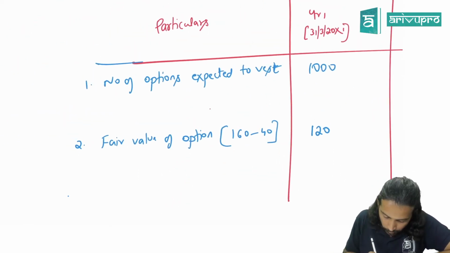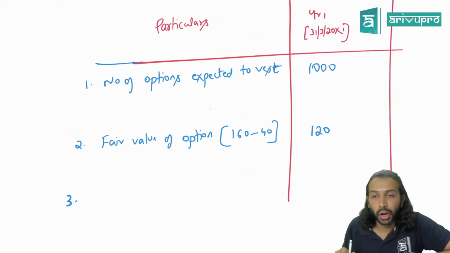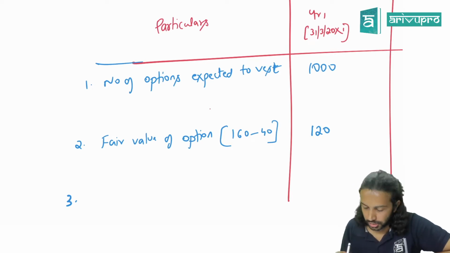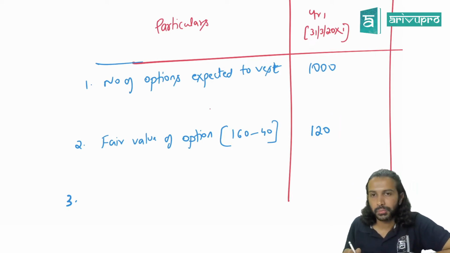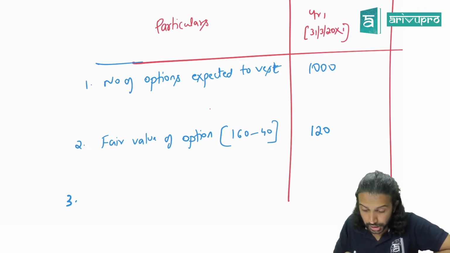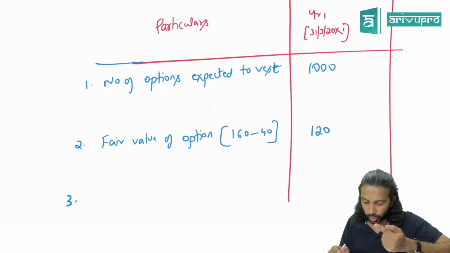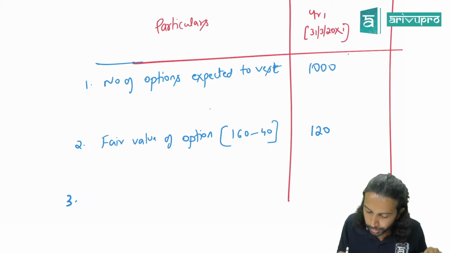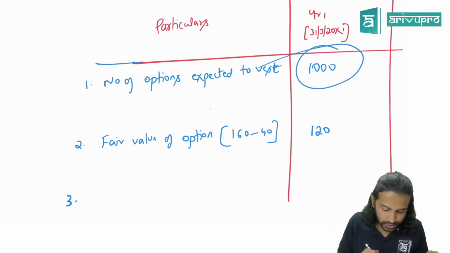All right. Third one. So fair value of the option means loss. Is the 120 per share or total? Per share. On one share the loss is 120. How many shares did you think employees are going to buy in the first year? 1,000.